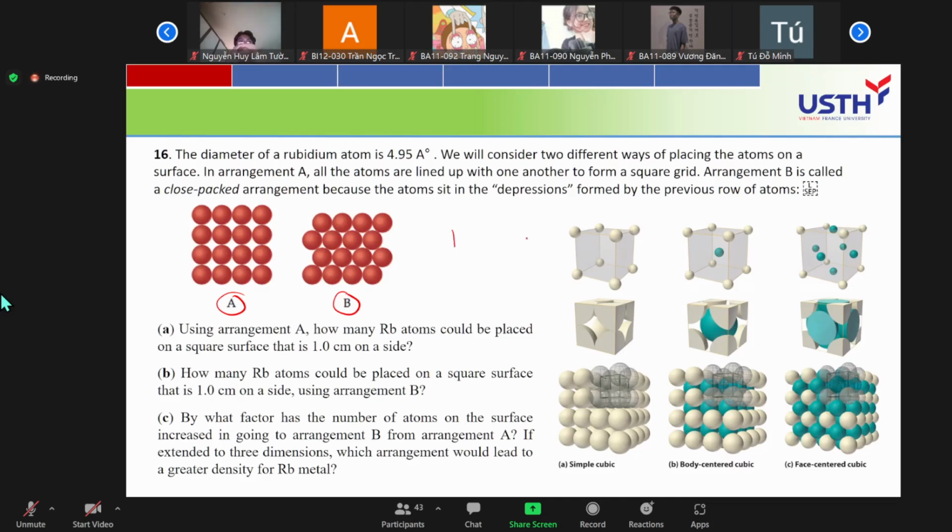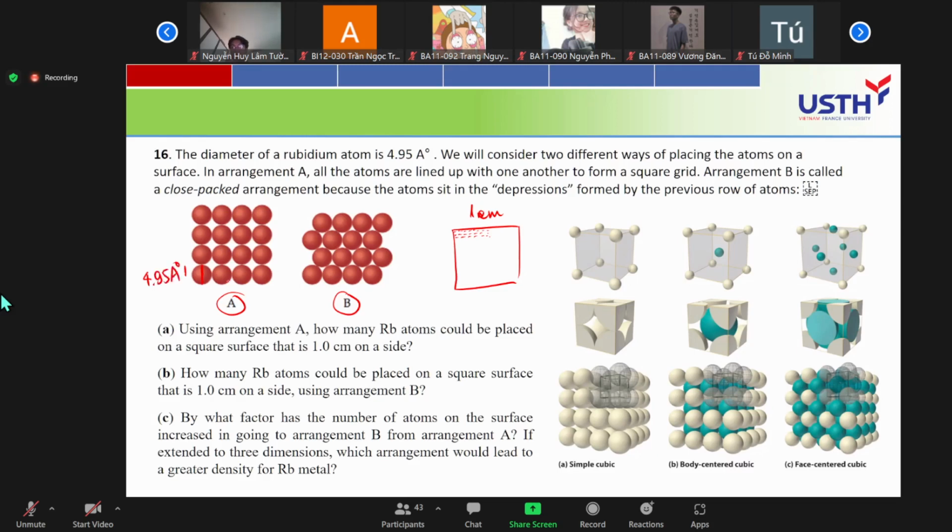It looks like you have a square, 1 centimeter, and you put rubidium atoms there. You have to calculate the numbers. The radius of one rubidium, half of the diameter of rubidium, is 4 angstrom.